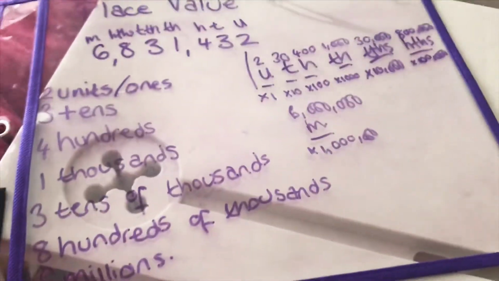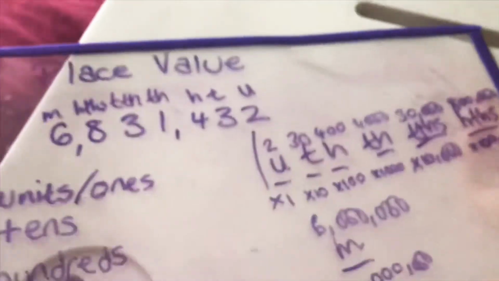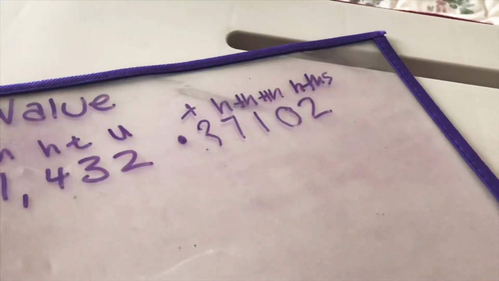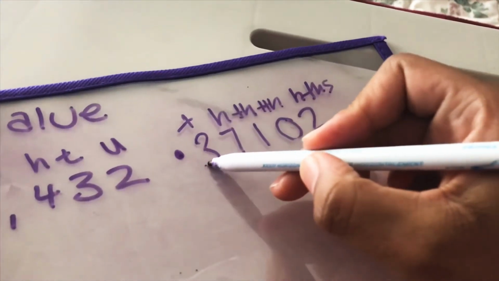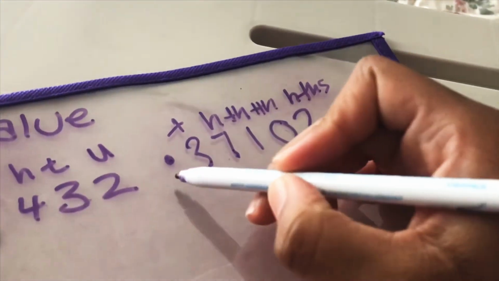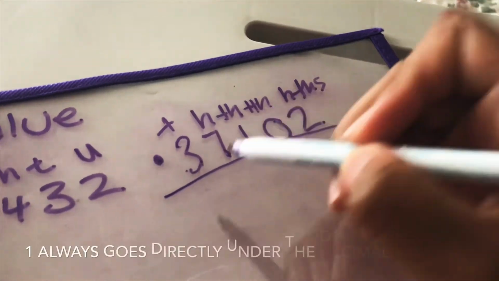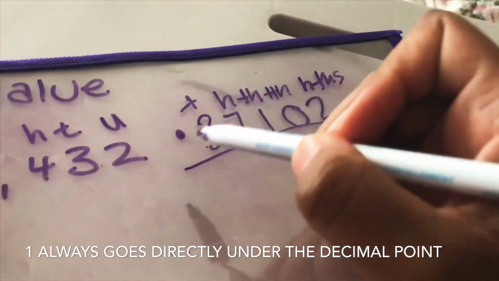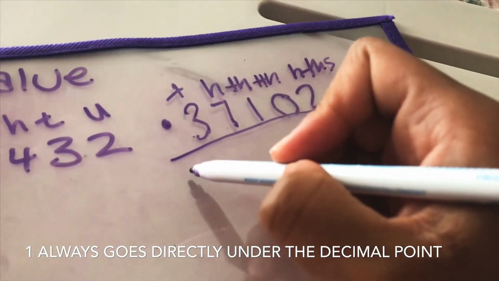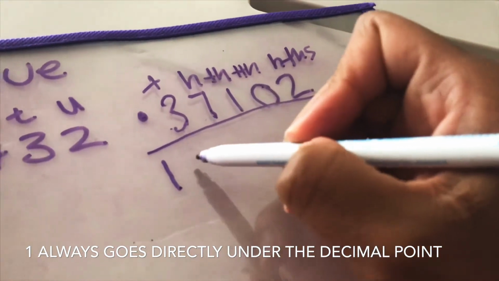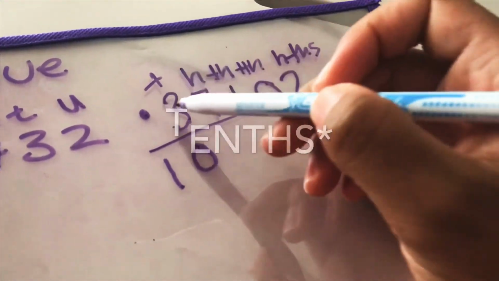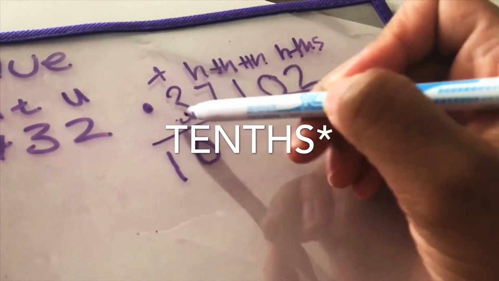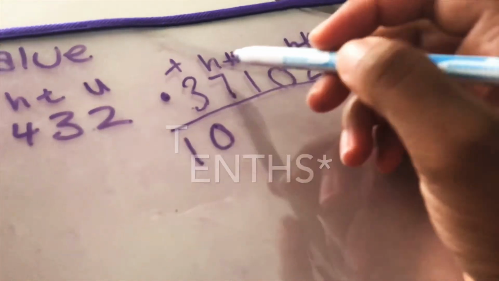So that's it basically. With decimals now, if you're turning a decimal into a fraction, the 1 always goes here, and then this is 10. Obviously this is in the tens column, 3 is in the tens column, that's a 10.